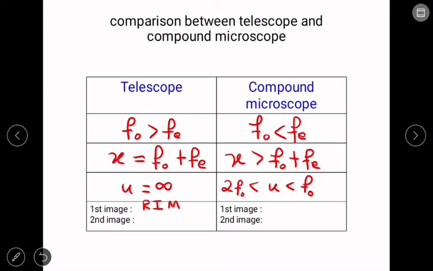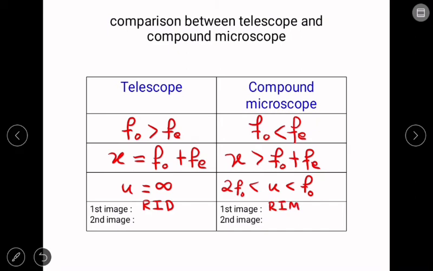But for a compound microscope, the first image formed by our objective lens is real, inverted, and magnified.